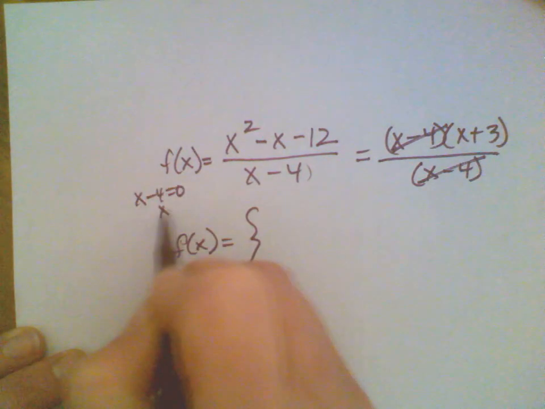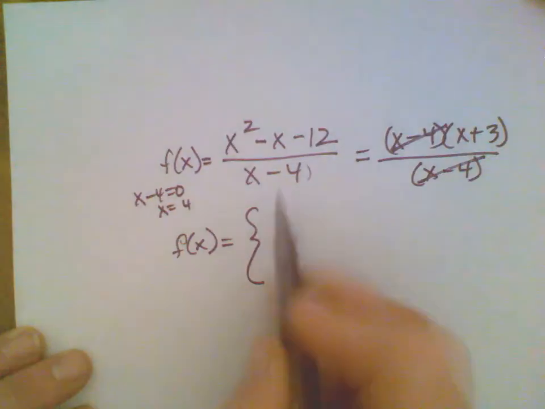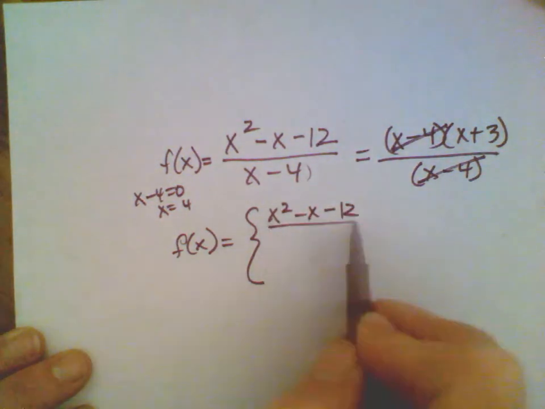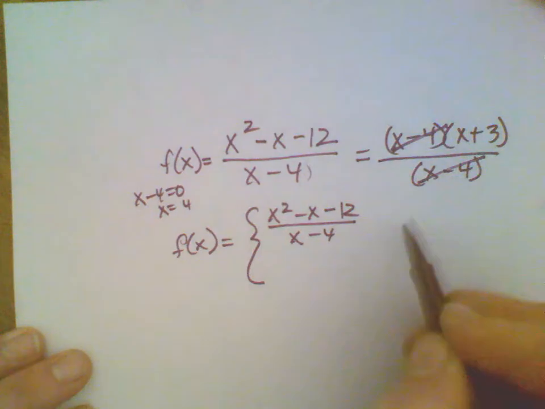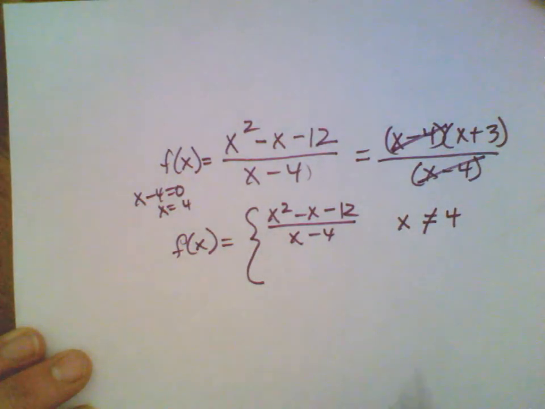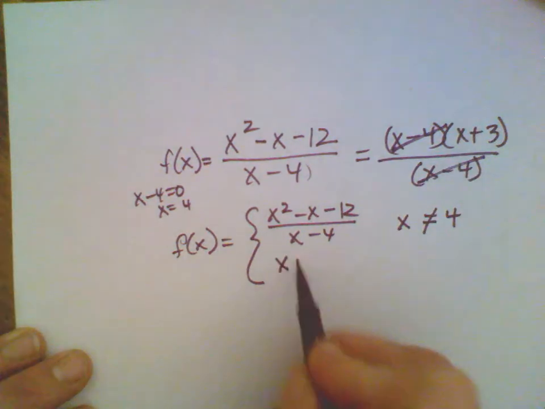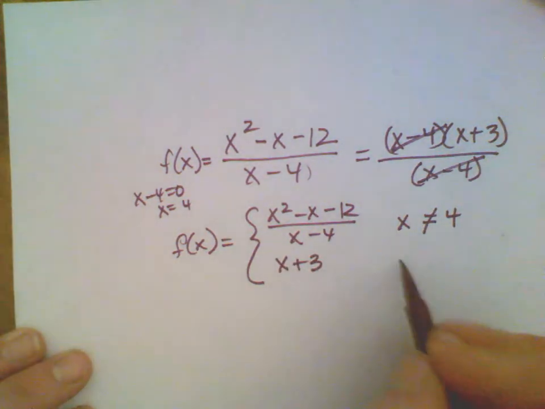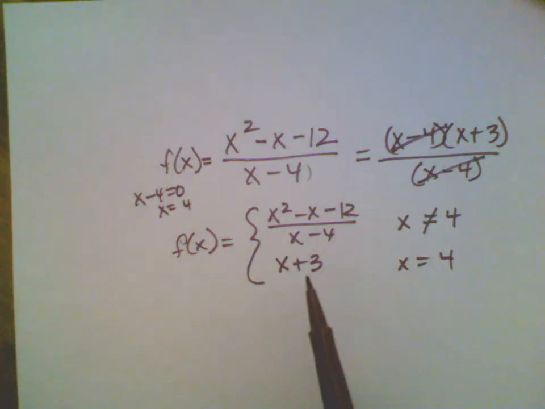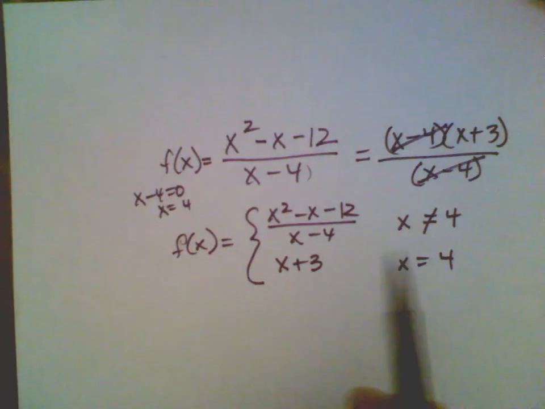So it's at x equals 4. So this is this function, x squared minus x minus 12 over x minus 4, everywhere except 4. And then it's what's left at 4. So all I'm doing is filling the hole to make this a continuous function.